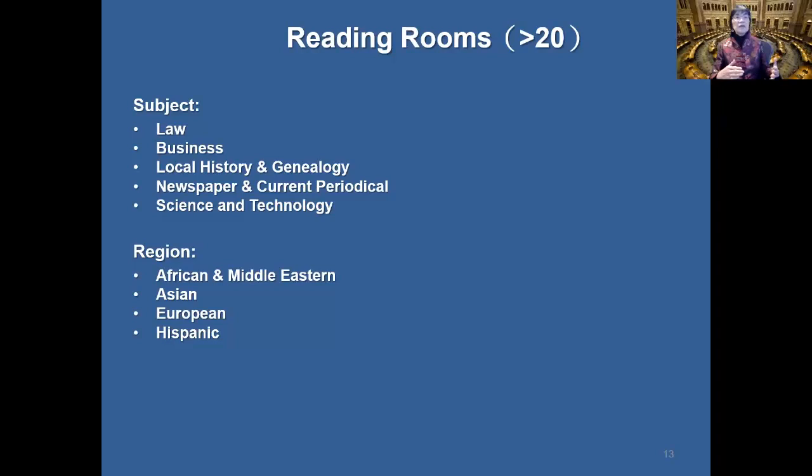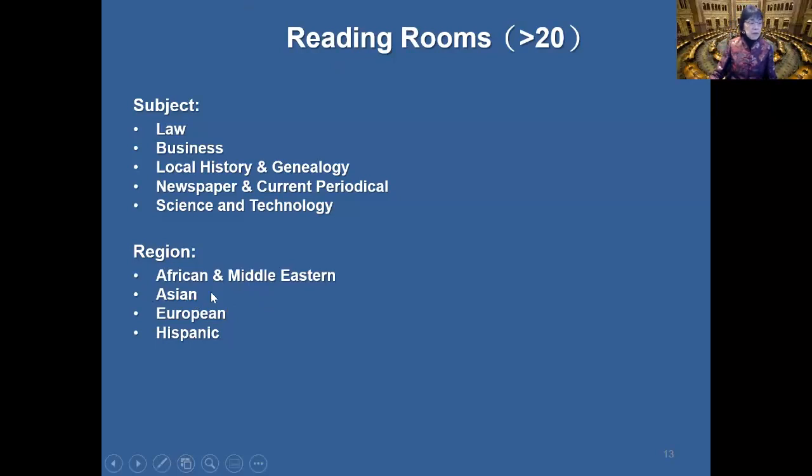For African, they only include languages that do not use Roman letters. For example, some of the colonies in Africa still use English or French, and that part is not included there. But the African languages and Middle Eastern, like Arabic, Persian, will be in this reading room.